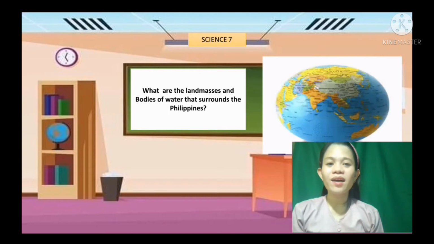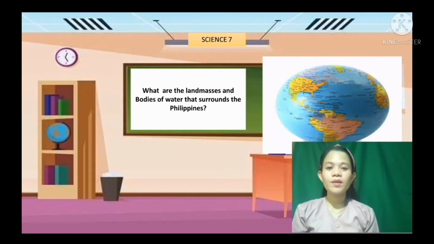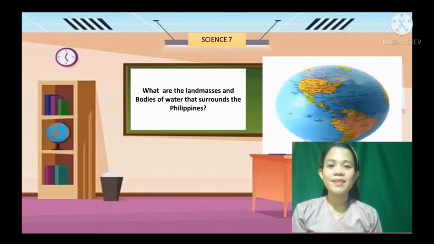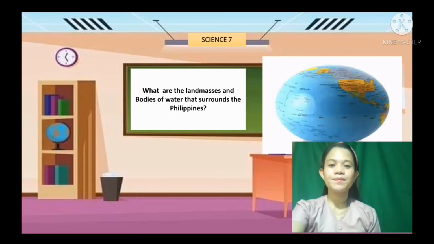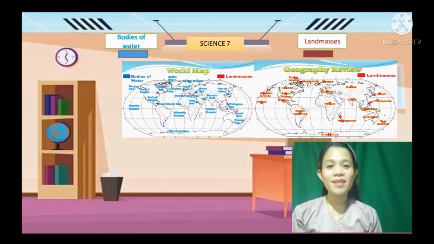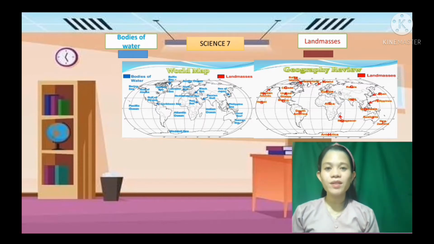If you look at the globe, we have the different land masses and bodies of water that surround the Philippines. Kung nakikita niyo po sa left side, those are bodies of water, and the right side are the land masses.